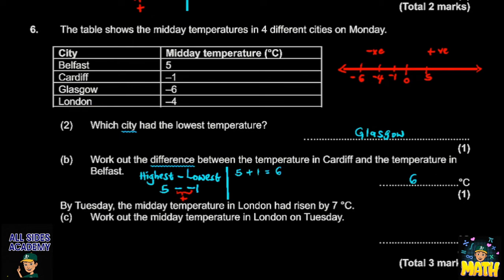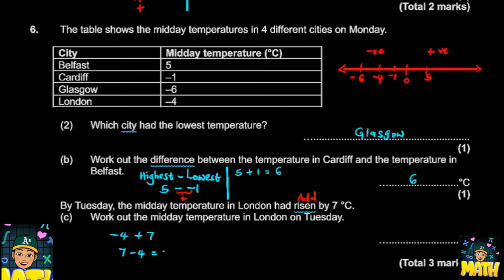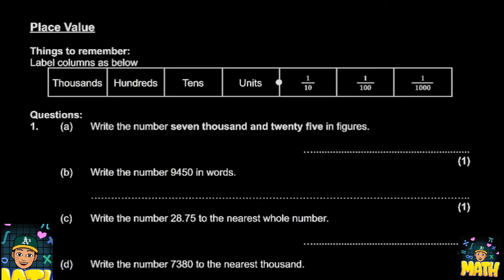We identify the temperature in London, which is -4, and it has risen. Risen, higher, all those mean we are adding to the temperature. So -4 plus 7. We can start with the positive, then the negative. That gives us 3 as our answer.